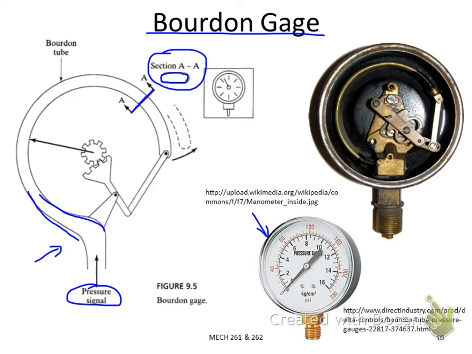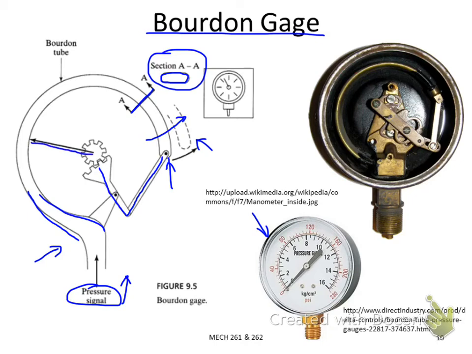You can imagine once you apply a pressure, this tube will tend to be deformed along this way, right? This dotted contour indicates the position of the endpoint here after the deformation. The endpoint is connected with a lever mechanism and a gear pair.